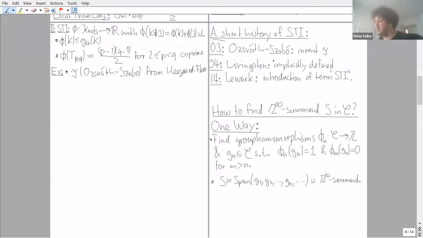So Ozsváth-Szabó defined tau, but then arguably Livingston was the first to implicitly define slice-torus invariants because he wrote this paper, calculation of tau for some knots, and he showed, only using these formal properties that I have here, you can do lots of calculations. So arguably Livingston is the first to define it, but since there was only one, there was no point in giving it a name.